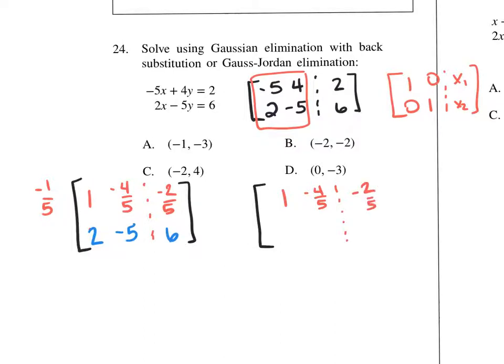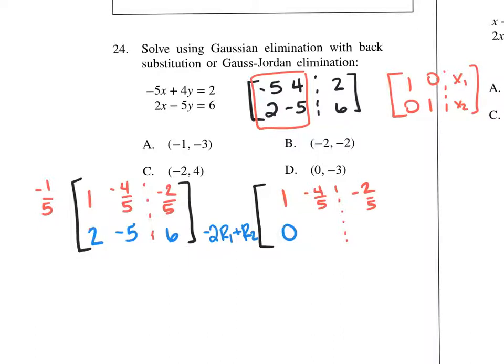I'm going to multiply -2 R1 and add it to R2. That'll become the new R2. So -2 times 1 is -2, plus 2 is 0. -2 times -4/5 is +8/5, plus a -5.